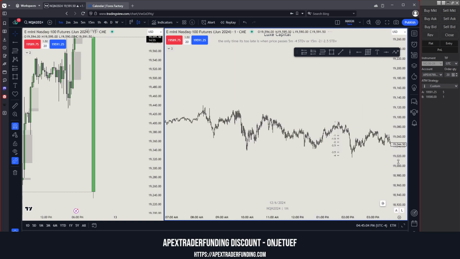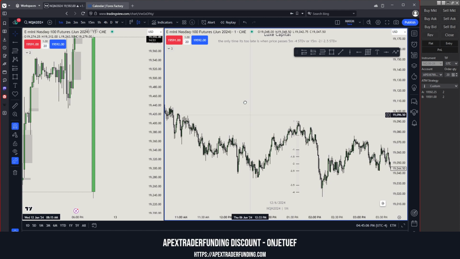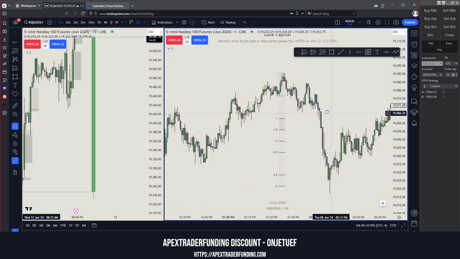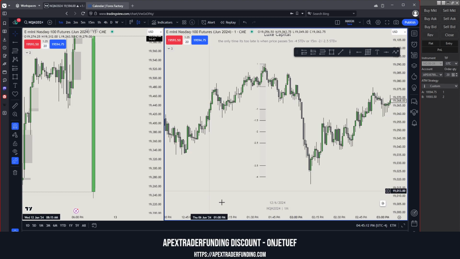Okay. So this one is an example of how it can be used as a market maker model, not a power of 3. We're somewhere in the 10 a.m. to 2 p.m. 4-hour candle. We're also in 1 a.m. to 2 p.m. hourly power of 3 potentially, but this was an example used for market maker model.